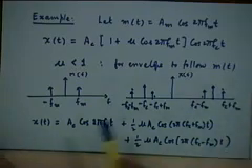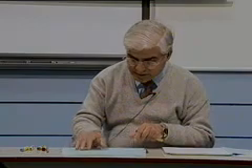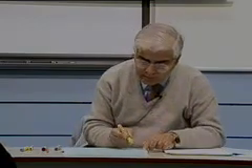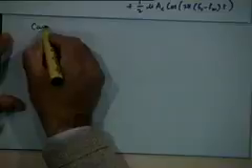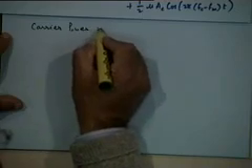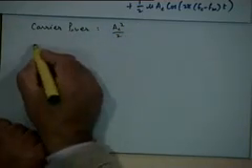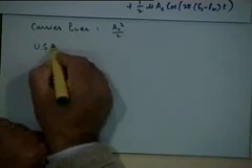Now, how much power is carried by the carrier? So, what is the carrier power? If you keep this there, carrier power will be A sub c square by 2. What about the upper sideband power?